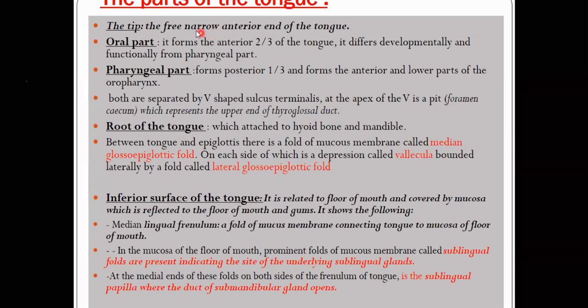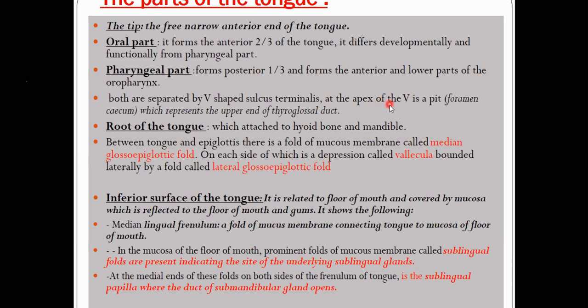And the apex, the free tip of the tongue, is the free, narrow anterior end of the tongue. What we can see is a demarcation, an inverted V-shaped area. I will show you the picture after this slide, which is called the sulcus terminalis.